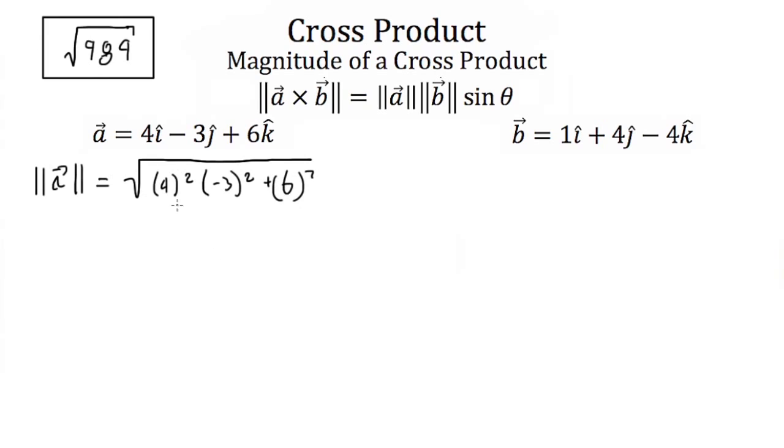It's the amount it moves in the x squared plus the amount it moves in the y squared plus the amount it moves in the z squared. That means the magnitude of vector A is equal to the square root of 61, which is approximately 7.8.